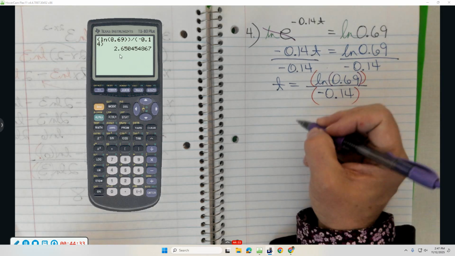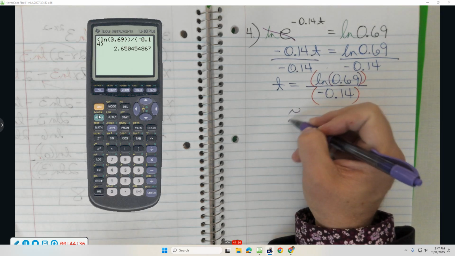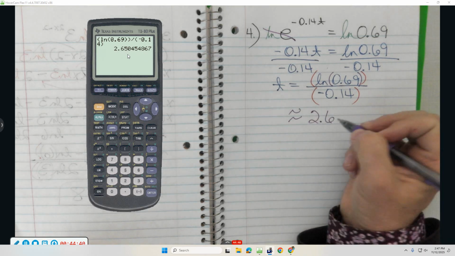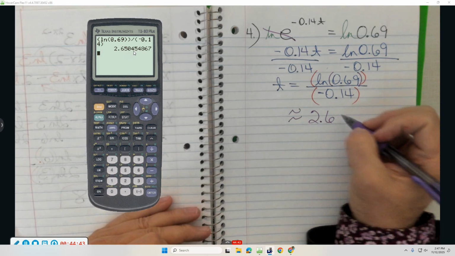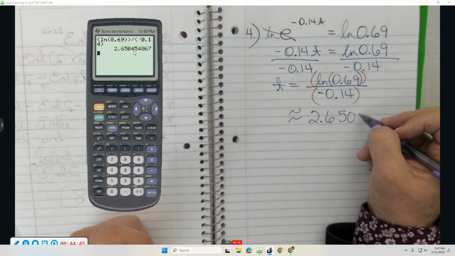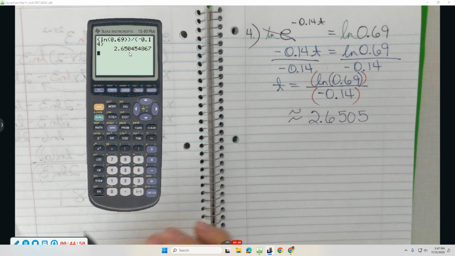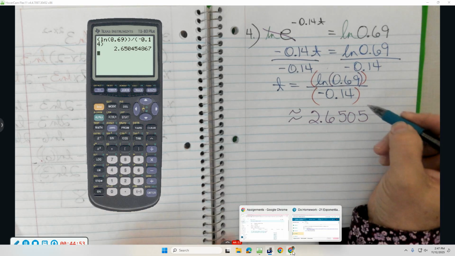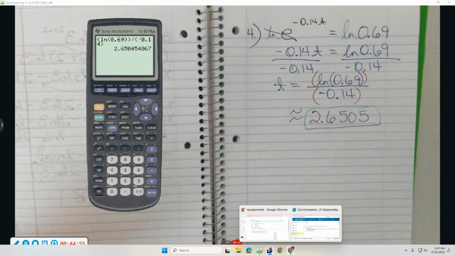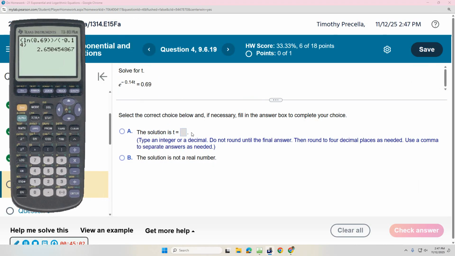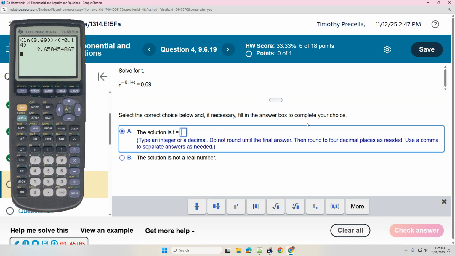Do you remember how it said to round? 4 decimal places. So that's approximately 2.650, is it going to stay a 4 or go up to a 5? It's going to go up to a 5, I agree. 2.6505.